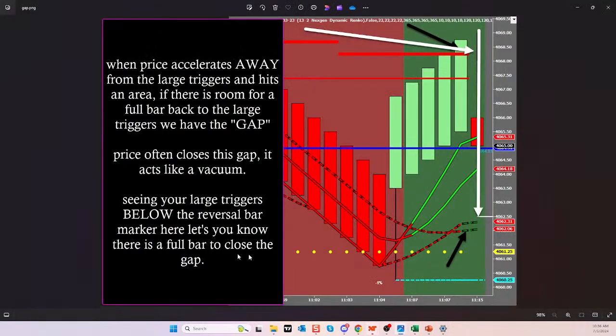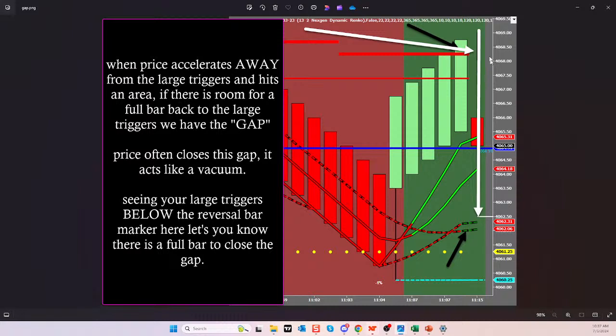But what it says is if price accelerates away from the large triggers, if it zooms away from the large triggers and hits an area, and it doesn't matter, it can be fibs, mid-bands, yellow 1-to-1s, divergence highs, divergence lows. But if this were a mid-band, I would have to look, Pete, are my large triggers a full bar away?